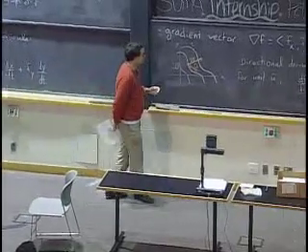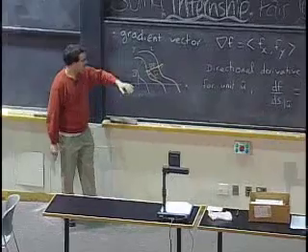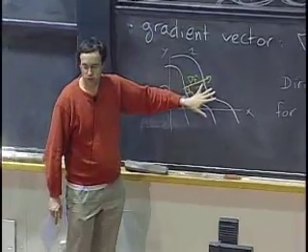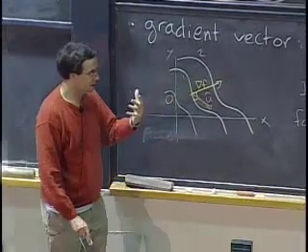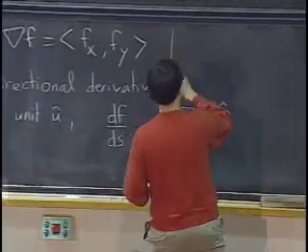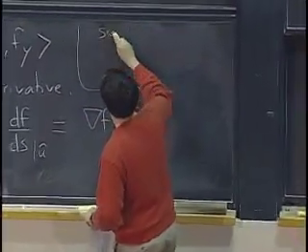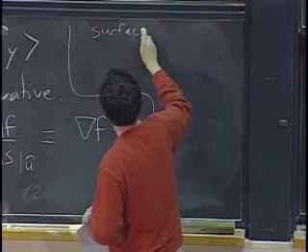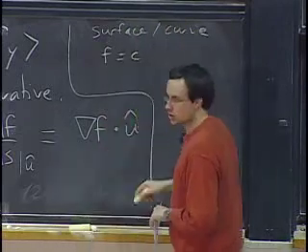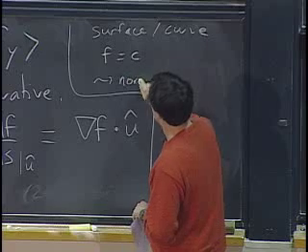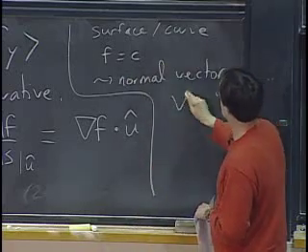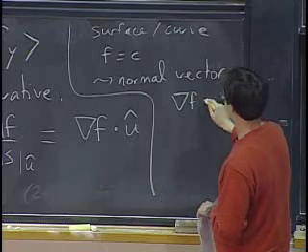Yeah, so indeed, to look at more recent things, if you're taking the flux through something given by an equation, so if you have a surface, or here a curve, given by an equation f equals constant, then a normal vector to the surface is given by taking the gradient of f.